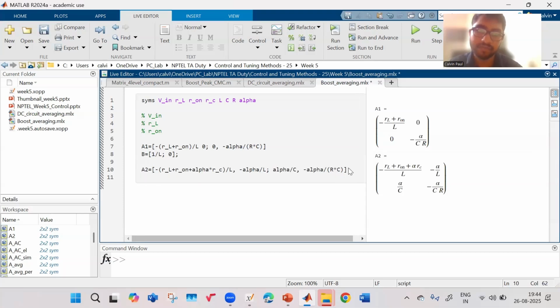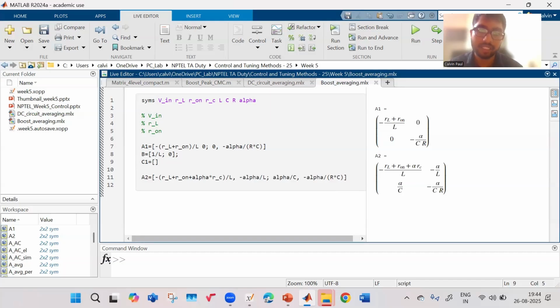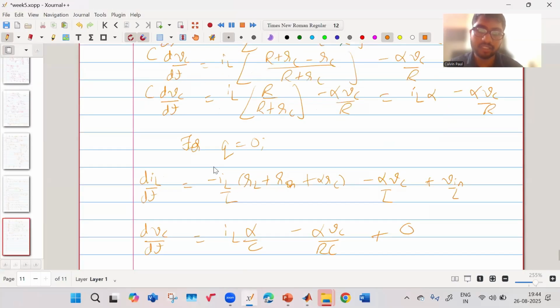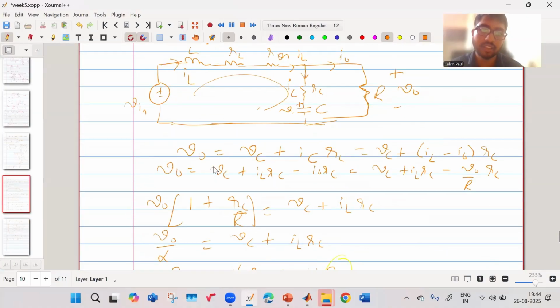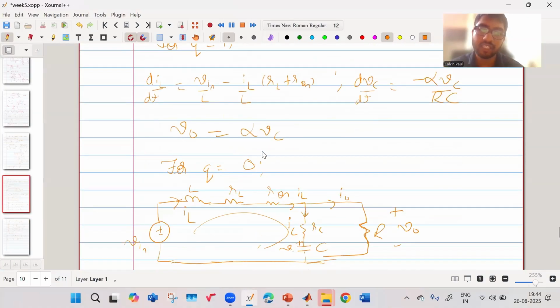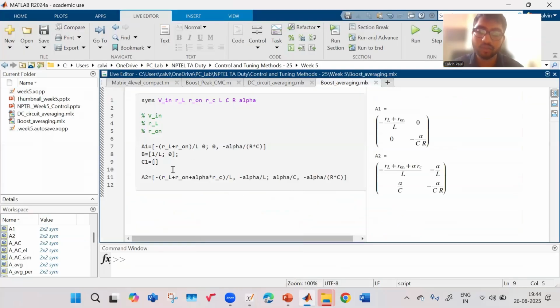B already I have. Now I want to write my C1. My C1 matrix is my output voltage. So in the first case, my C1 is just alpha into VC. So C1 is equal to 0, comma, alpha.